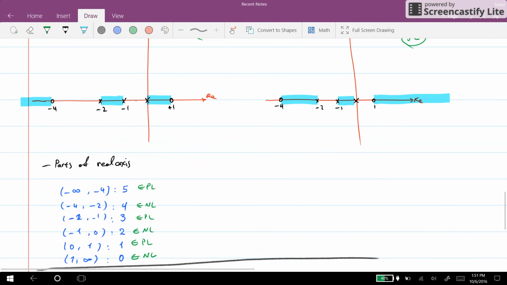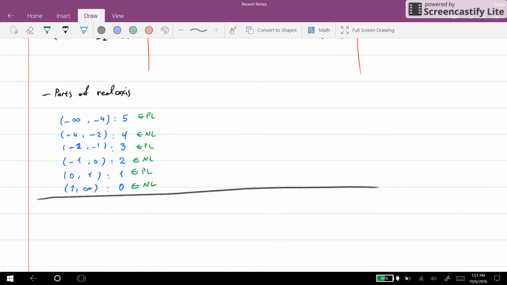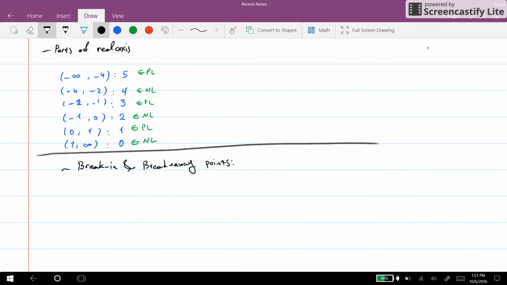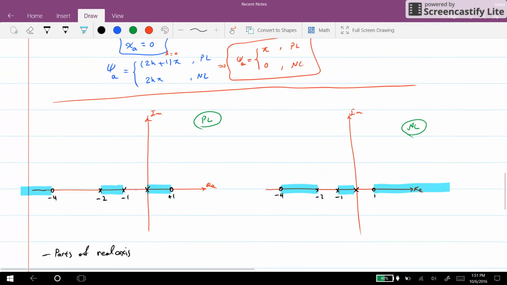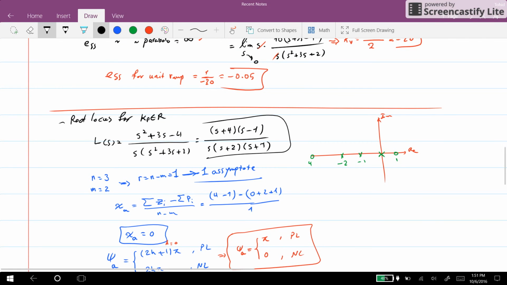As the next step, we can find out the break-in and breakaway points for this system. So again, we need to have L of S as we have here.